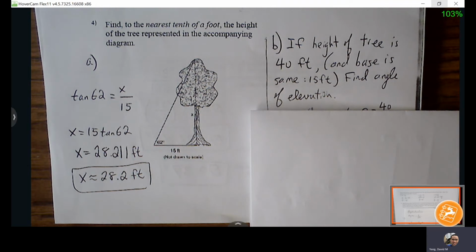So for B, you're going to find theta. To find theta, you're going to do the reverse operation.